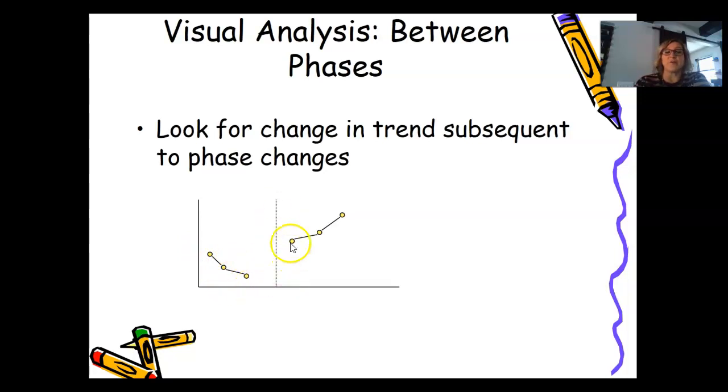We put intervention in place, the student begins to increase their correct responding. We've also seen a change in level from baseline to intervention. So we can look at this and predict that this is going to be a successful intervention.